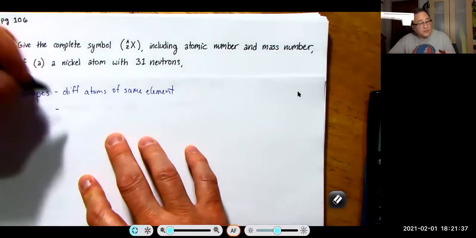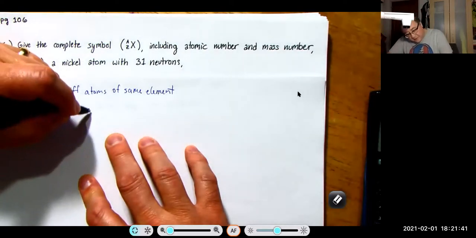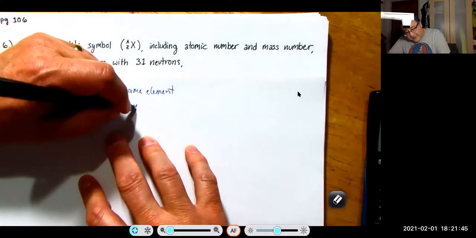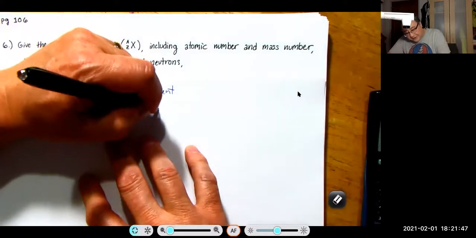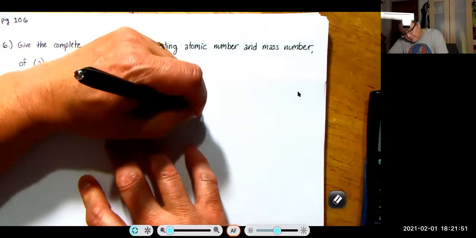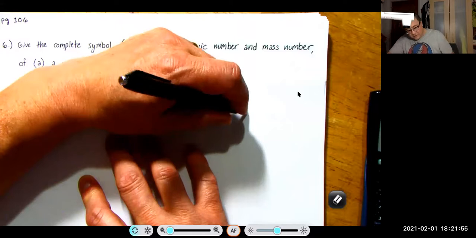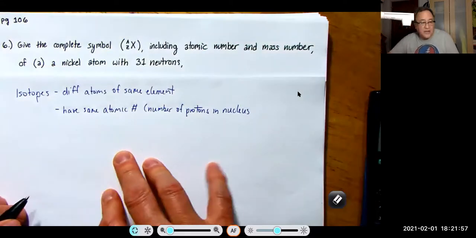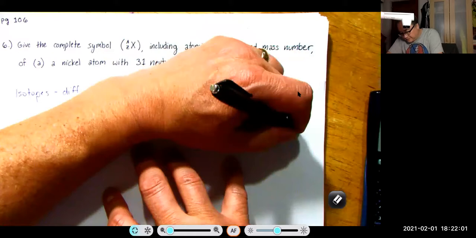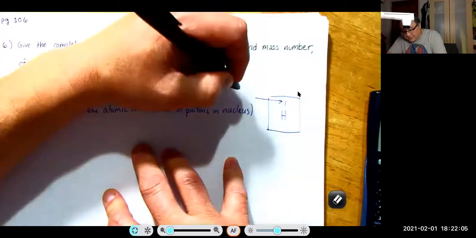And isotopes of an element have the same atomic number. And that's the number of protons in the nucleus. So if we take a look at an element like hydrogen, that's the atomic number.